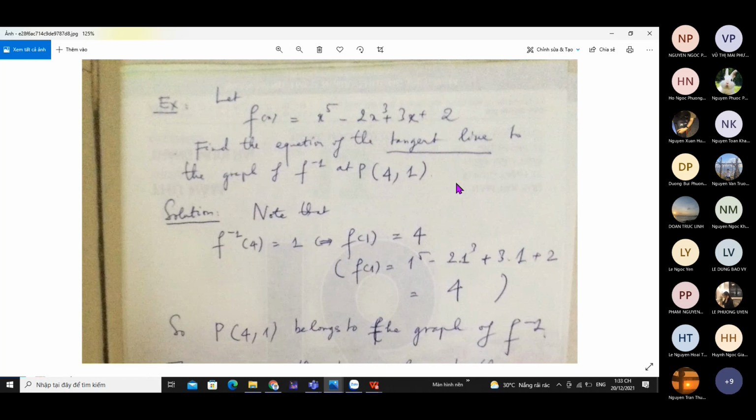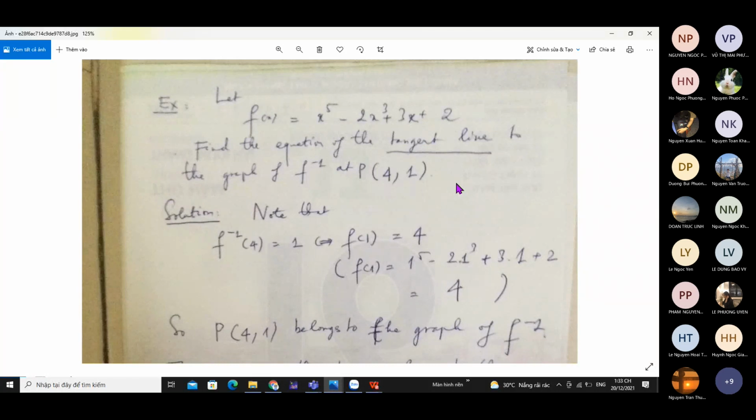So, first of all, we show that P, the point with coordinates (4, 1), belongs to the graph of f inverse. I mean here, f inverse of 4 equals 1, which is equivalent to f of 1 equal 4. You can check it easily. If you replace x with 1, f of 1 gives you the number 4, right?